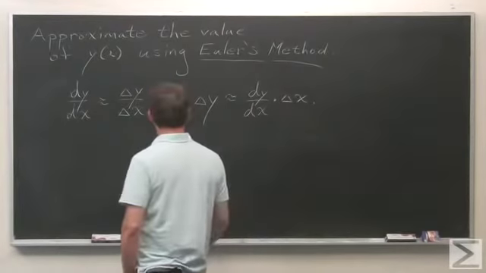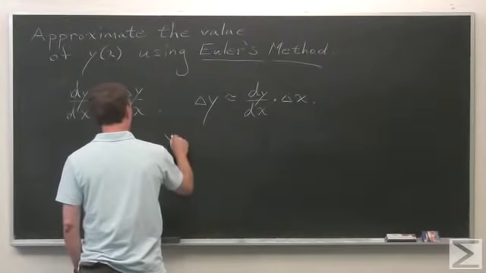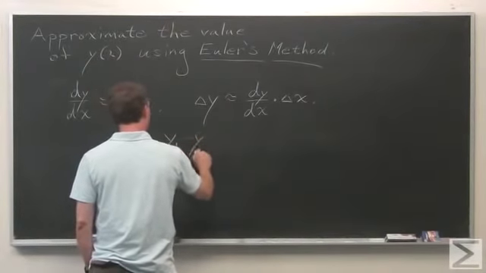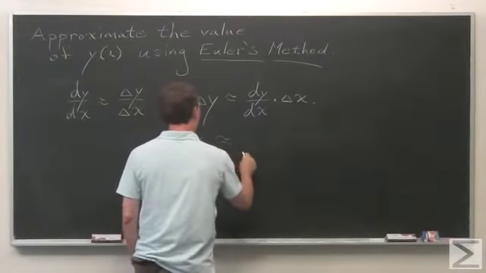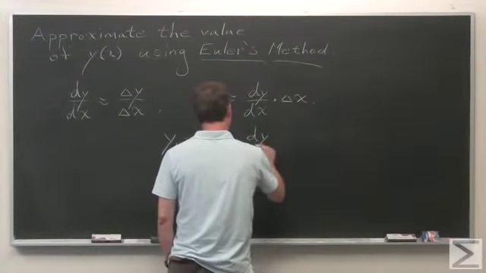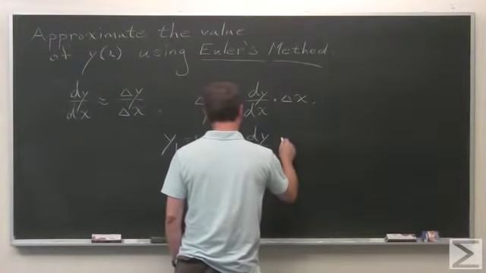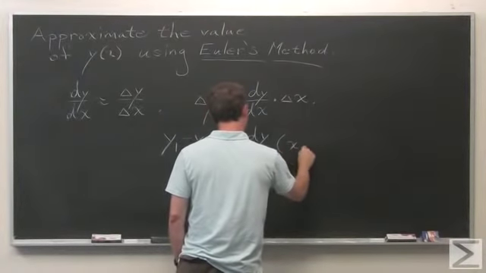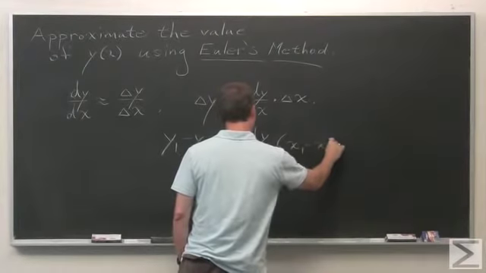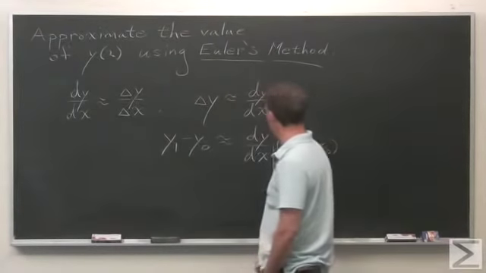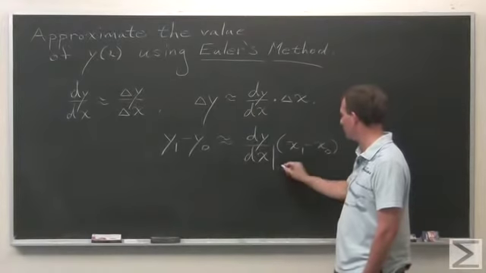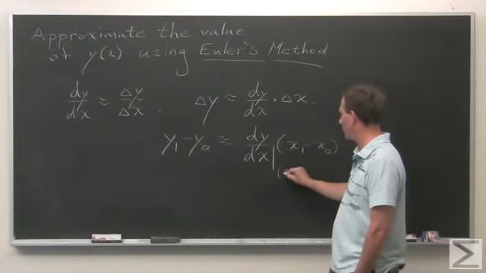Or what's the same thing, if we write the change in y as y sub 1 minus y sub naught, that would be approximately dy/dx times the change in x, which I'll write as x1 minus x naught. Where do you calculate this derivative? Well, at x naught, y naught.